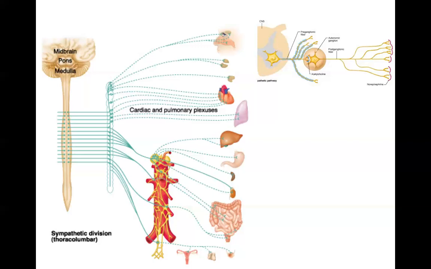So these sympathetic nerves only come from the thoracic region and the lumbar portions of the spinal cord. So this is sometimes called the thoracolumbar division.